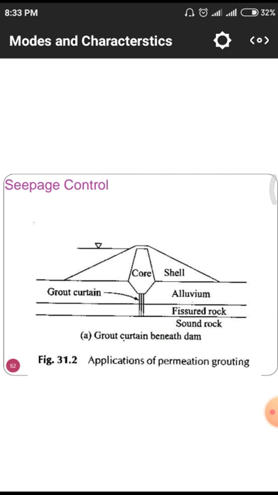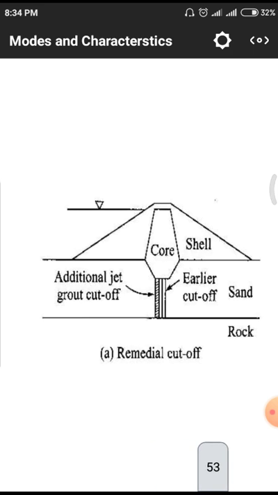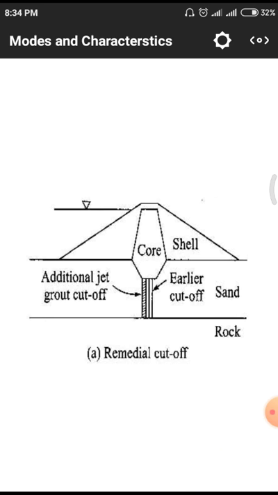In the bottom part there will be no movement of water due to this rocky strata, but at the top we have this core, so for the core they have to go for some stabilization and these groutings, especially for surface works. Here also some remedial cutoff.